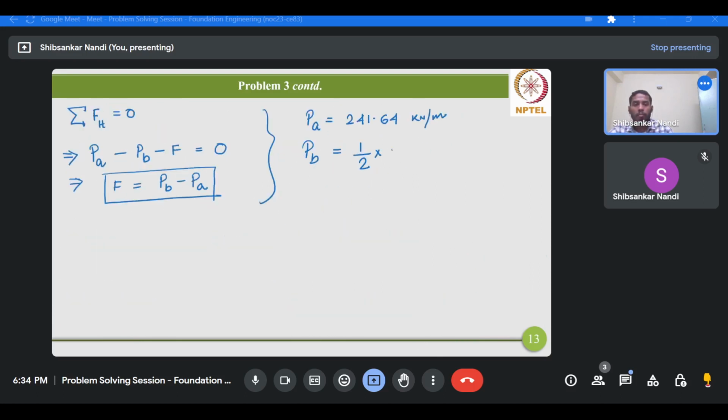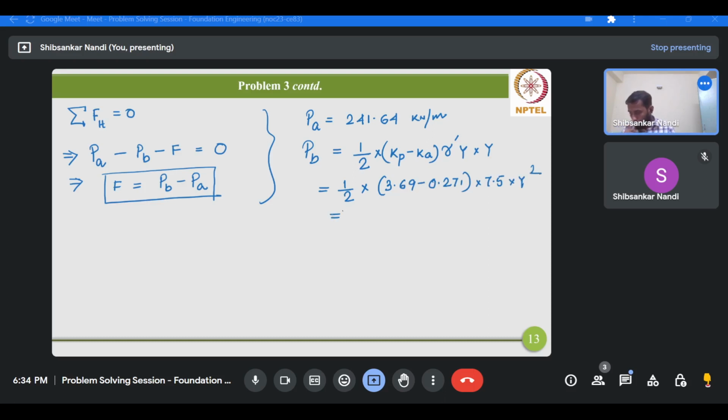So half, Kp minus Ka, gamma prime into y, and Kp is 3.69, Ka is 0.271, gamma prime is 7.5, then y square.